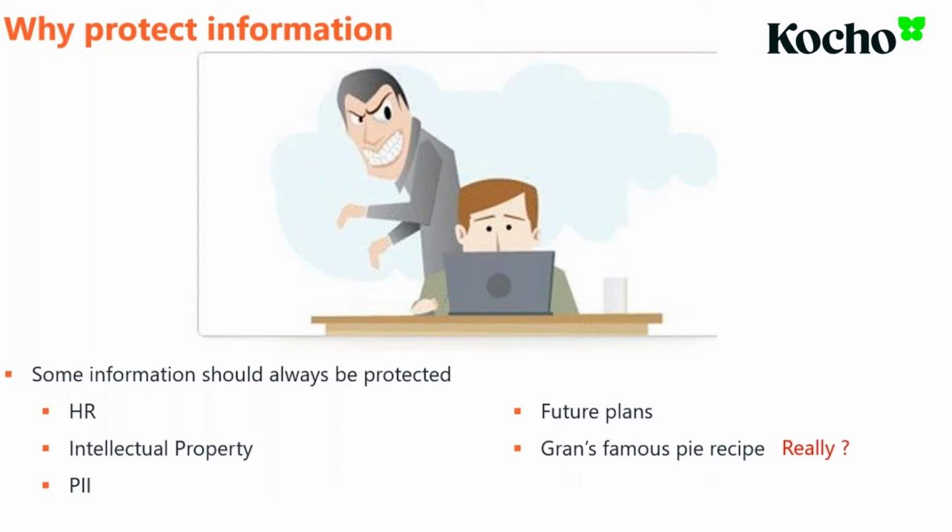Well, probably not really Gran's famous pie recipe, unless, of course, the organization is planning to sell it to a baker's nearby. But I put that in because it helps us to realize that it's not just about corporate data. It could be around solutions. It could be around things that you know from other organizations.